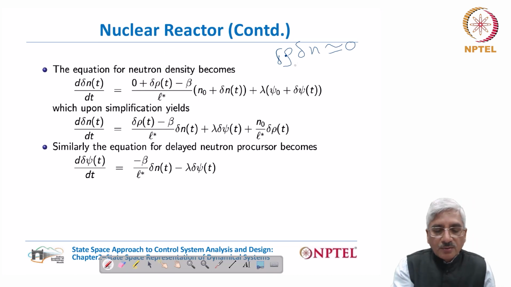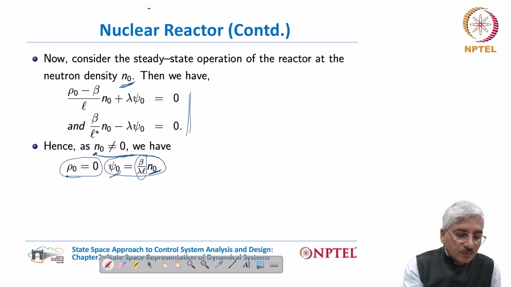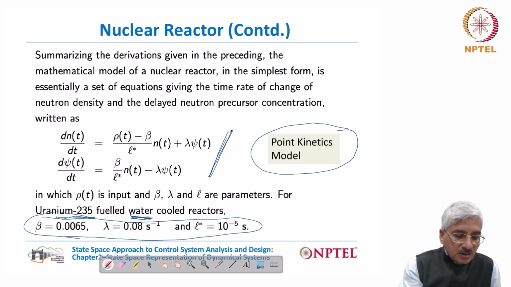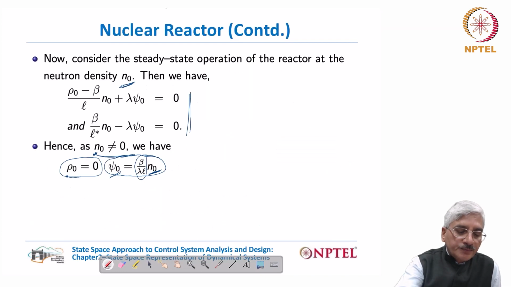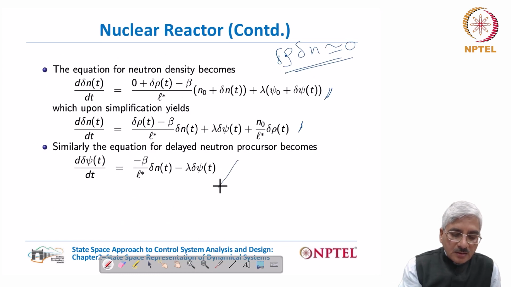So then this can be simplified as this, and the other equation, the delayed neutron precursor concentration equation, can be simplified as this.